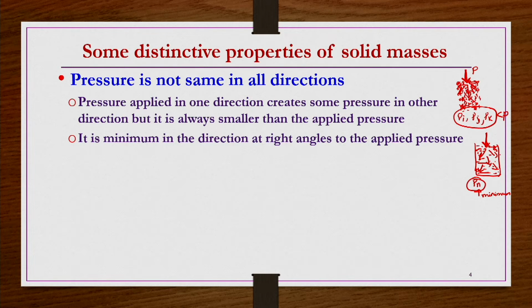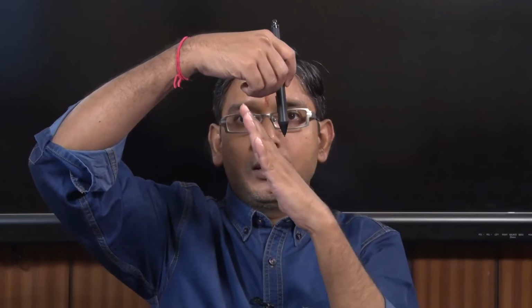If this is the pressure that you are applying in this direction, then whatever is along my hand should be taken as the normal direction. The pressure in the normal direction, we can call a normal pressure, and this normal pressure is going to be minimum compared to the pressure distributed in other directions, like this or like this.